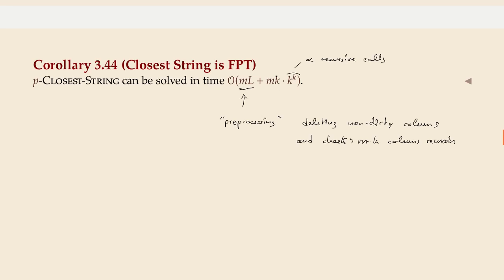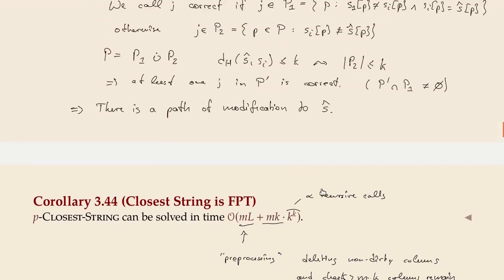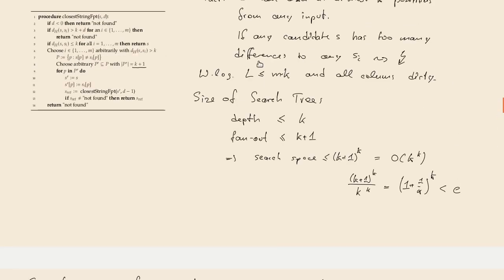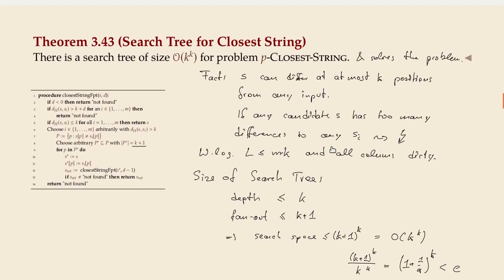So for the analysis of the existing algorithm, what remains is to check that in time m times k, we can do all the non-recursive actions in the algorithm. This line requires us to check the distance between the consensus and each input. Essentially we need the same information here again, and we can certainly do that in a linear scan over each of the inputs.